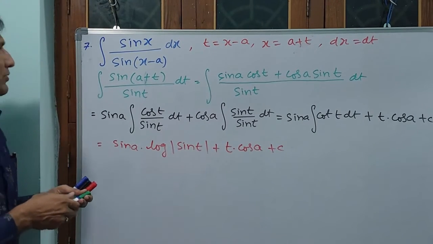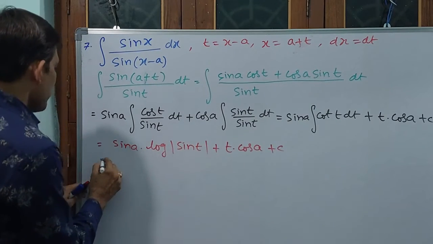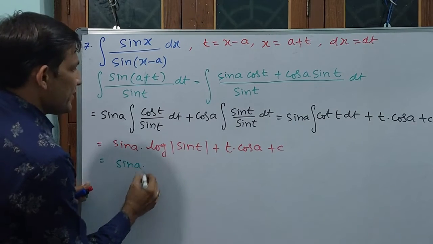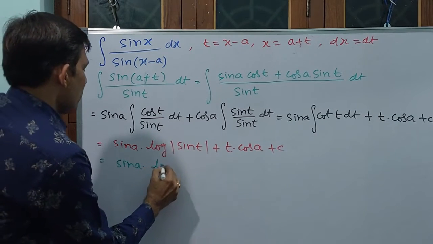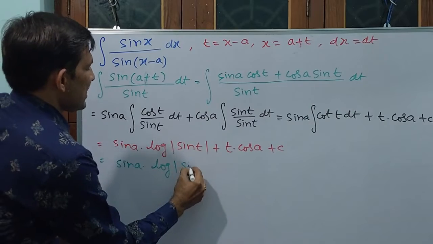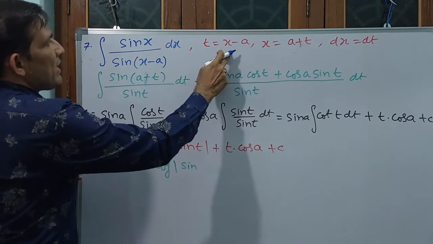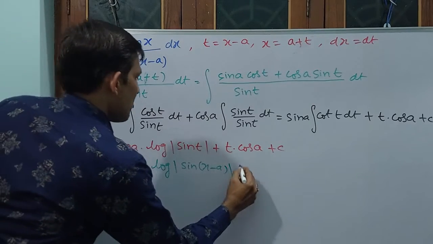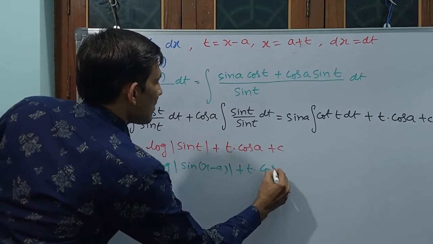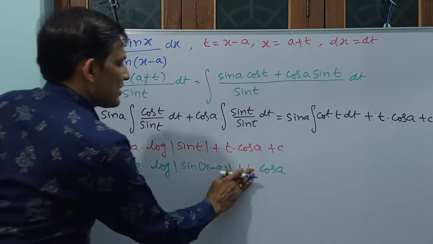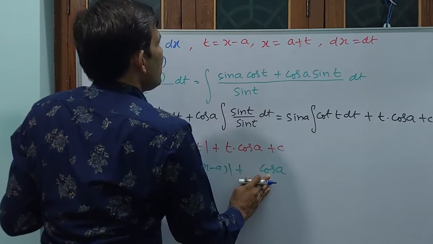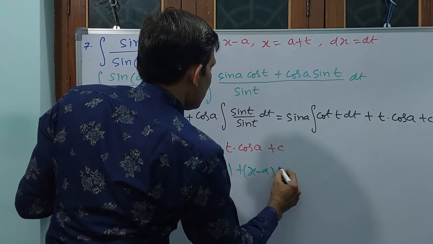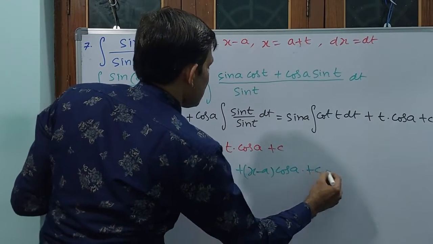So, sin a is constant, that is why you keep it first: sin a into log of modulus sin of t, which is x minus a. Write down modulus of x minus a, close, plus t into cos a. Sorry, not t. T you have to change, no? T is equal to x minus a, into cos a plus c.